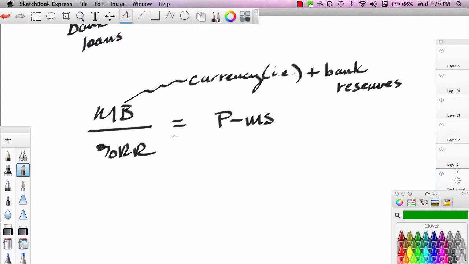Now, let me back into this a little bit. What would be a way that the potential money supply could increase? Well, one way would be to lower the percentage reserve requirement, holding the monetary base constant. Now, how would that work? Let's say the reserve ratio now is 10%, and the Fed decides to lower that to 5%.